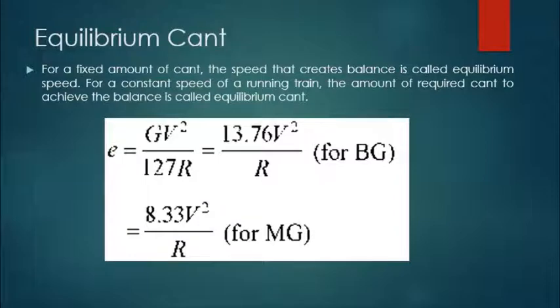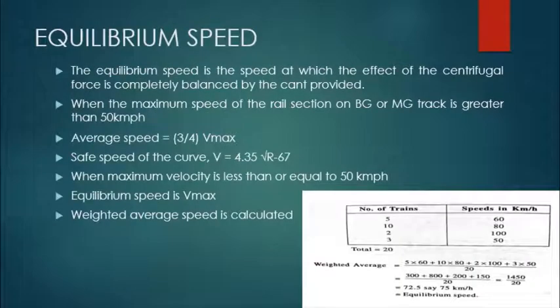The equilibrium cant can be calculated using this empirical equation E = GV² / 127R. So the university may ask some problems regarding this equation, calculating the equilibrium cant of a track. You can calculate that using this equation E = GV² / 127R.